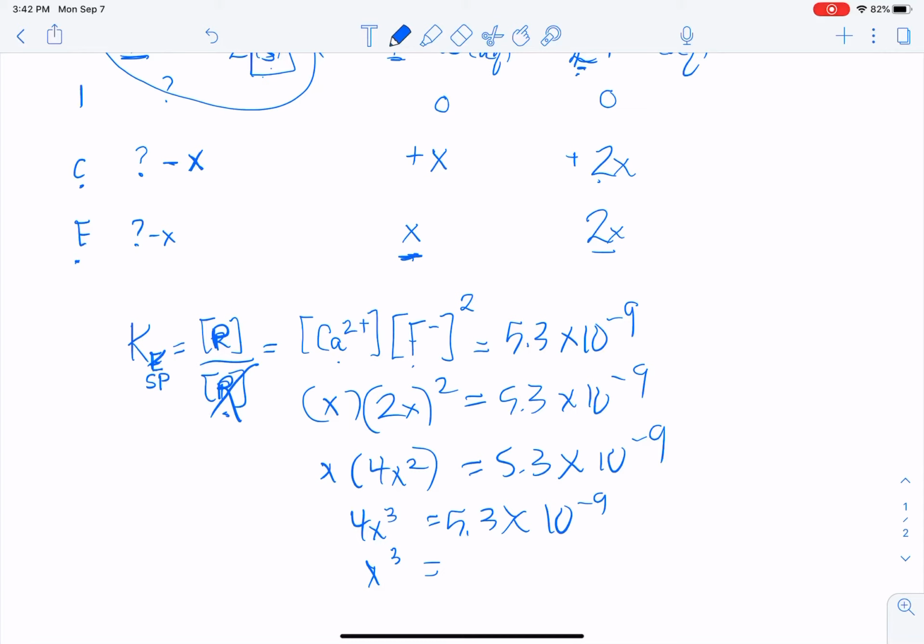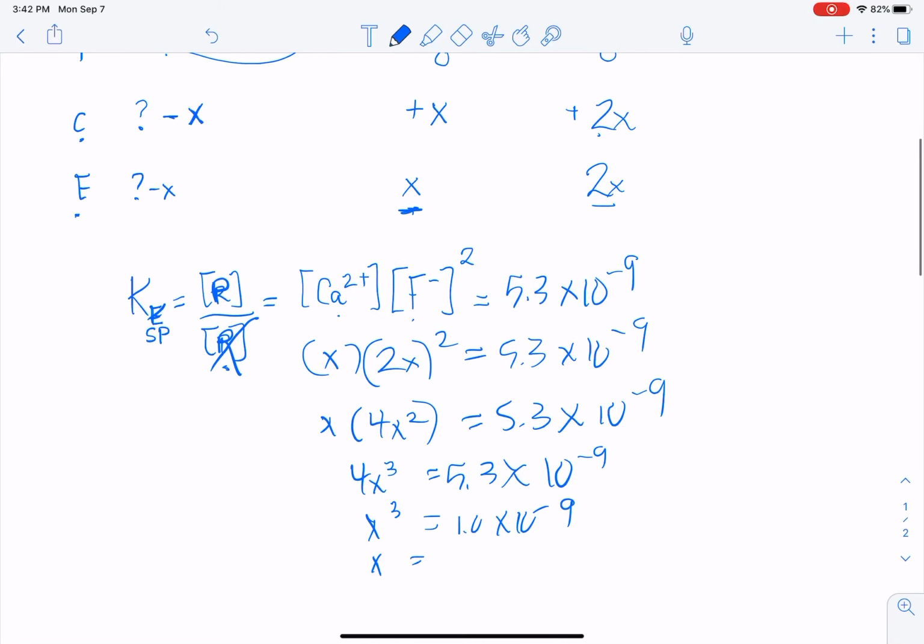Exponent negative 9 divided by 4 is 1 times 10 to the negative 9. And then I'm going to get the cube root of that. Okay, so I have 1.1 times 10 to the negative 3 is my value of x.